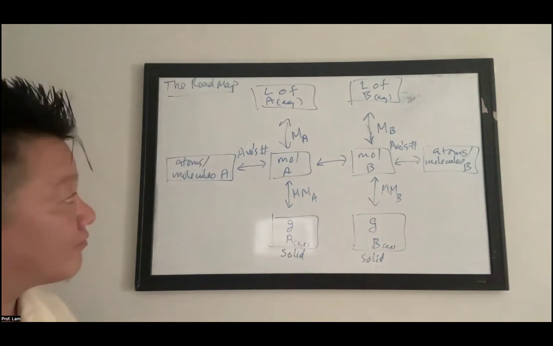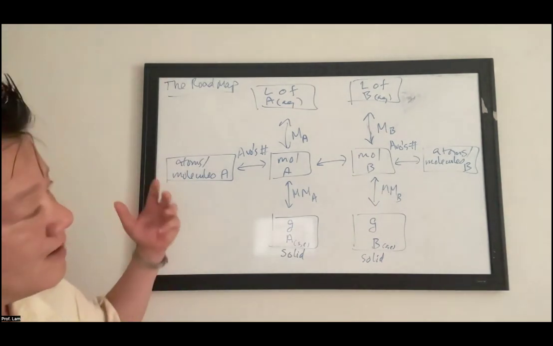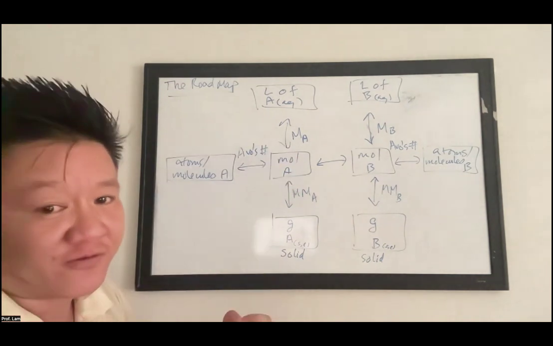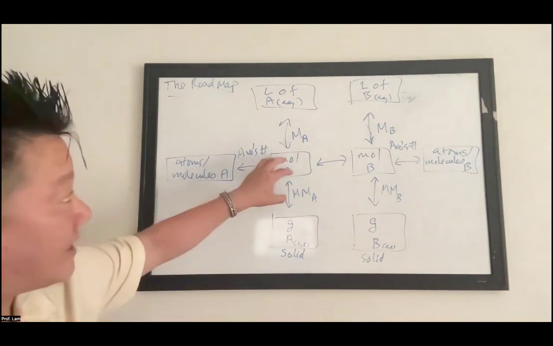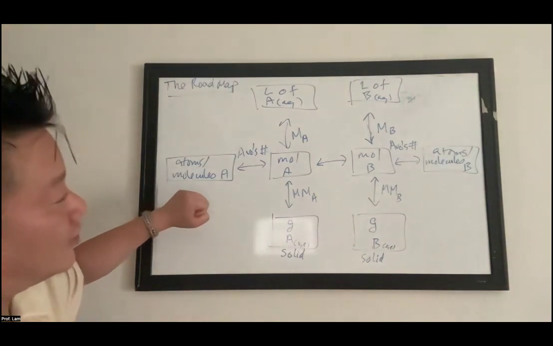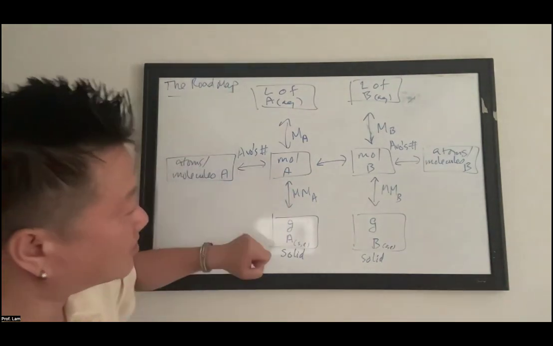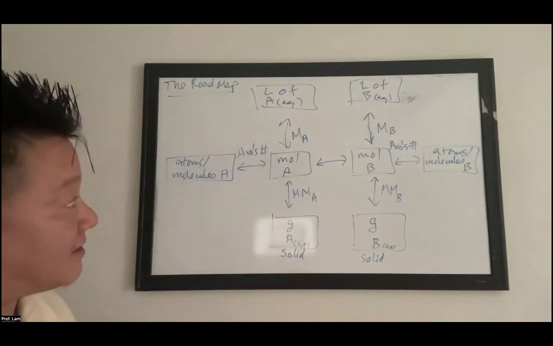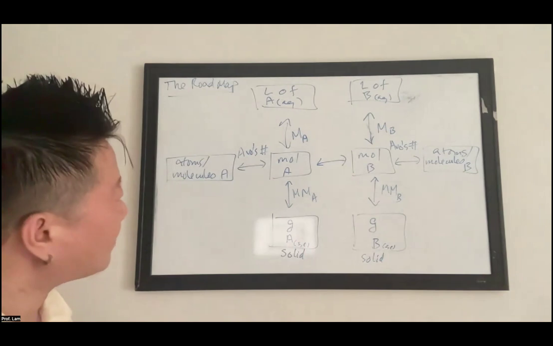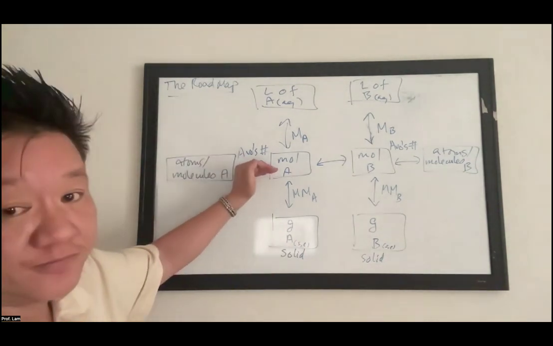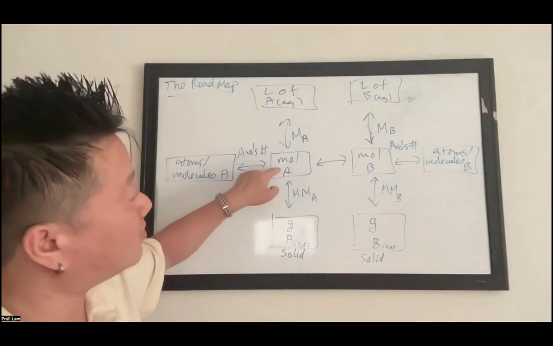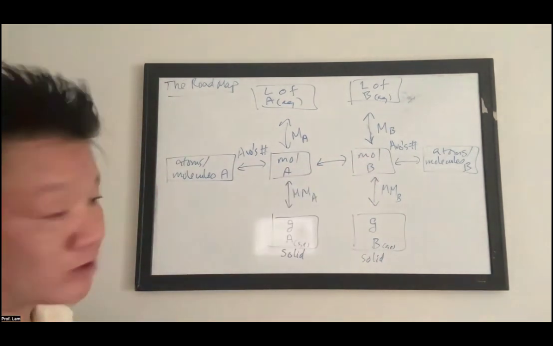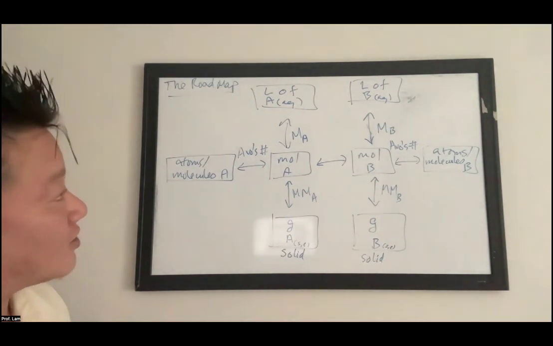And as I mentioned in previous videos, mole is where you want to be because you want countable amounts of things reacting. Things don't react in grams, they react in moles. So all roads lead to mole, and you need to get to mole to cross the bridge to the other side. Everything goes to mole first.